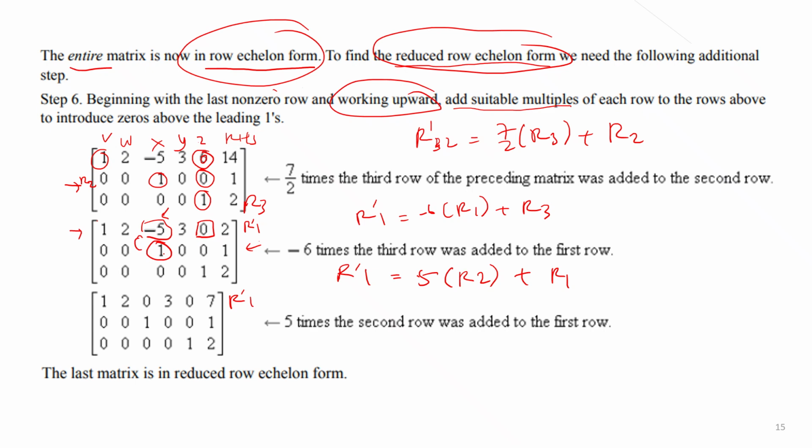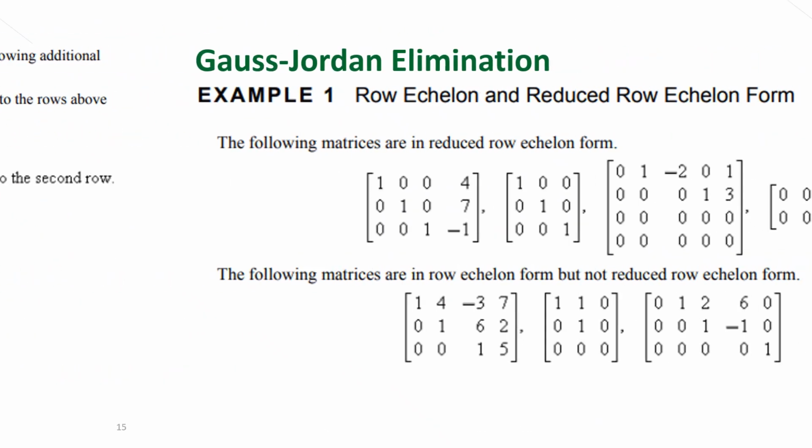Then you will have this new row where the value of the third entry for the new row 1 is 0. And then after you check this one, leading 1 above and below is 0, leading 1 above and below is 0, right? Here you can already get the value of the solutions.